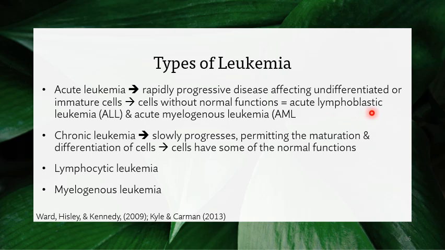So we have acute lymphoblastic leukemia and acute myelogenous leukemia. And chronic leukemia is a very slowly progressing disease where we have maturation and differentiation of the cells, and the cells do have some normal functions, although not the right ones.